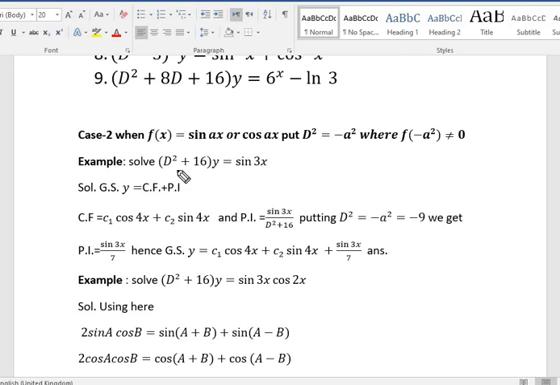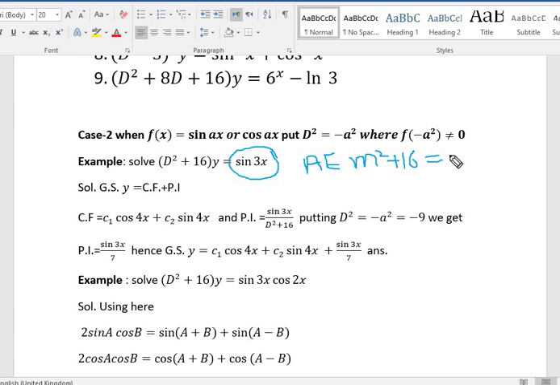Now see, the general solution is y equals CF plus PI, because the f(x) function is given here. For the CF, just simplify it. We get m square plus 16.